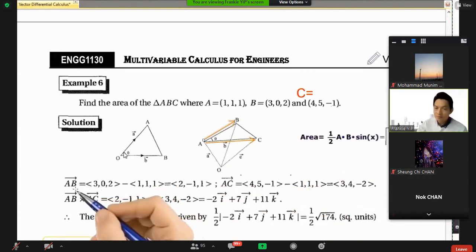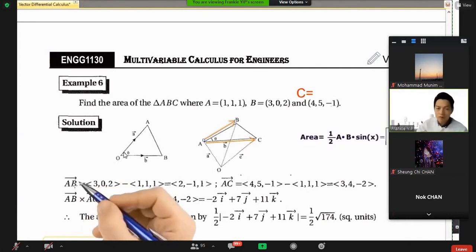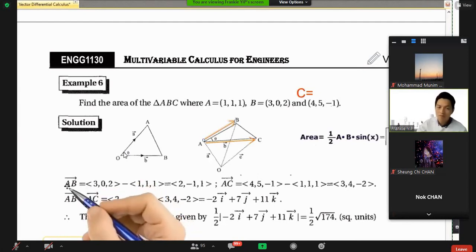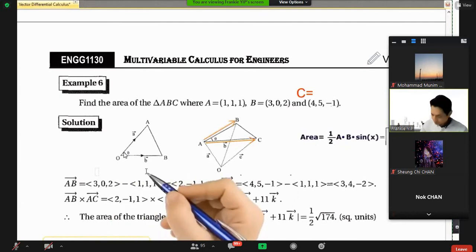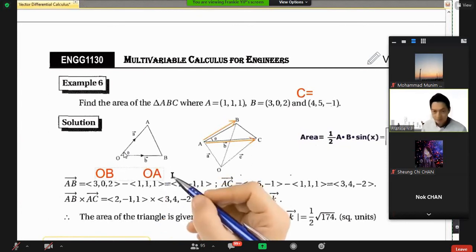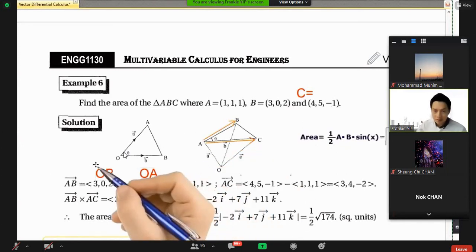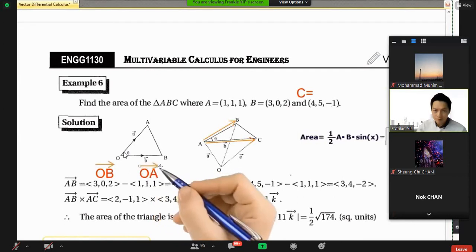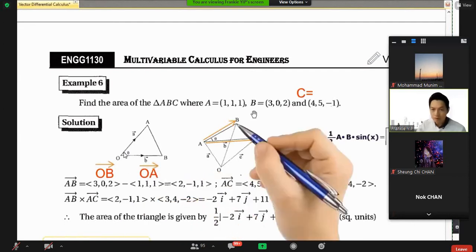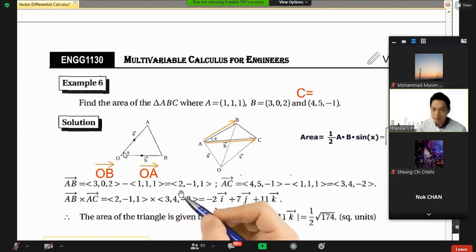Okay, it's easy. AB vector, as I told you, is the latter letter's position vector minus the former letter's, which equals OB vector minus OA vector. So that means you have the vector 3, 0, 2 minus the vector 1, 1, 1. So the answer should be 2, -1, 1.